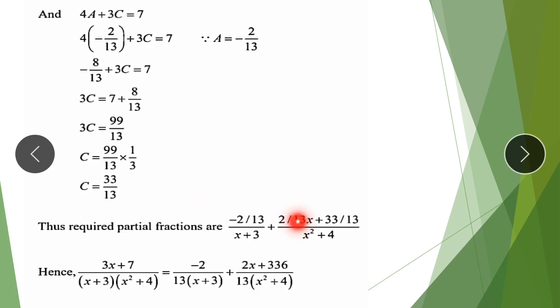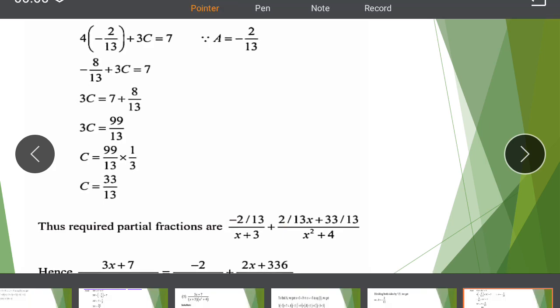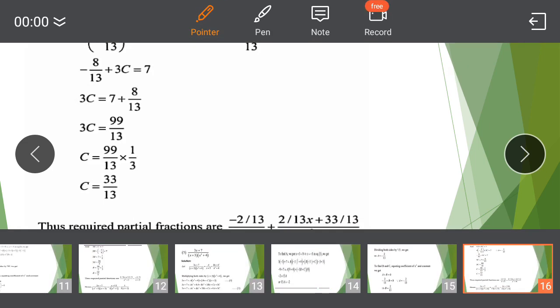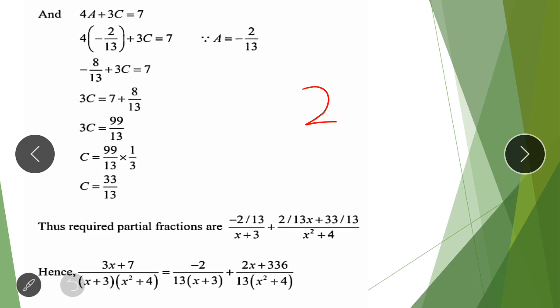Here we can put this is the value of a, this is b, and this is c. You can write 13 in the denominator here. Now 2 should be with x, so it is 2x upon 13. Let me write it for you. It is like this basically, 2x divided by 13.